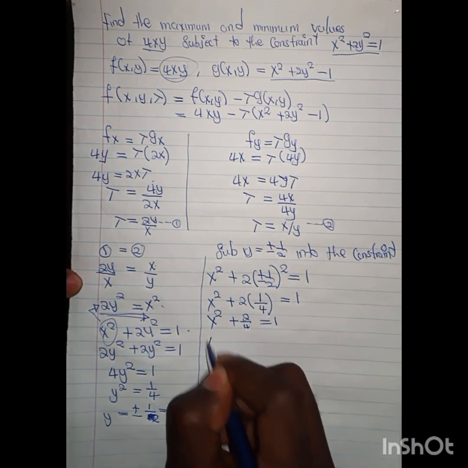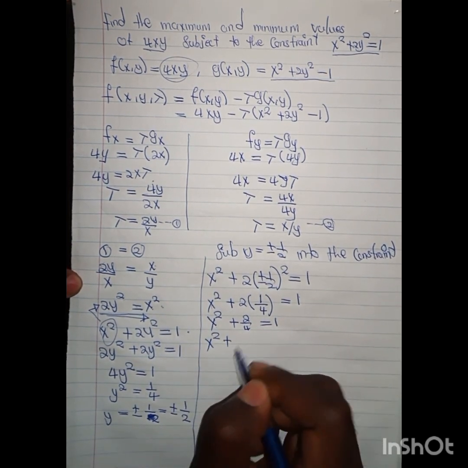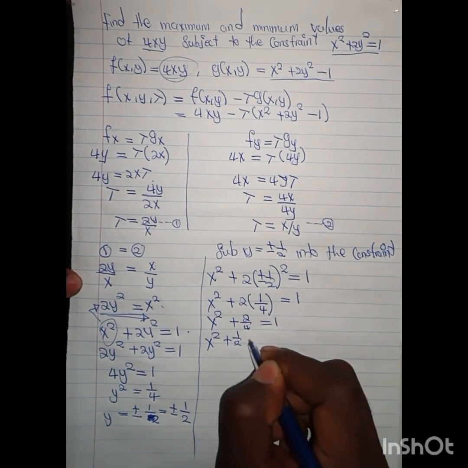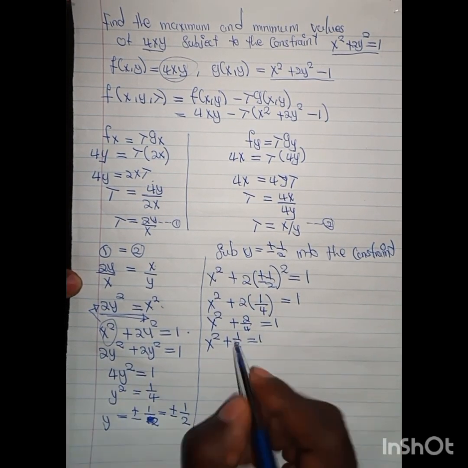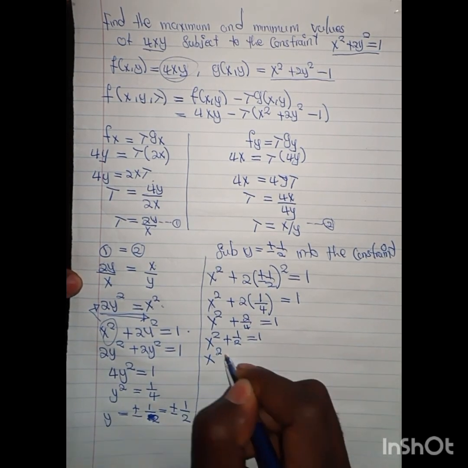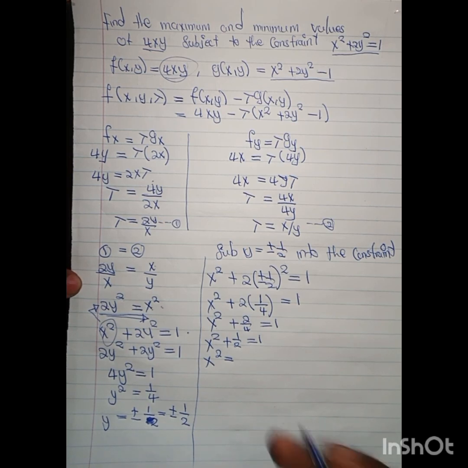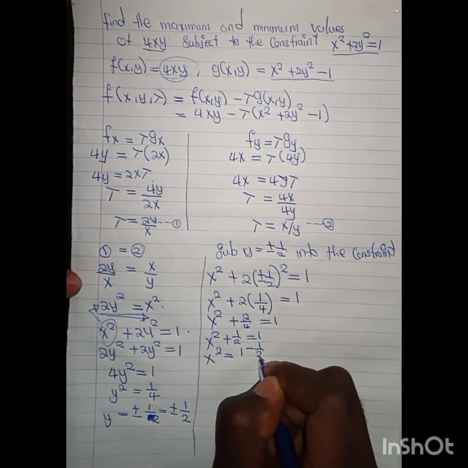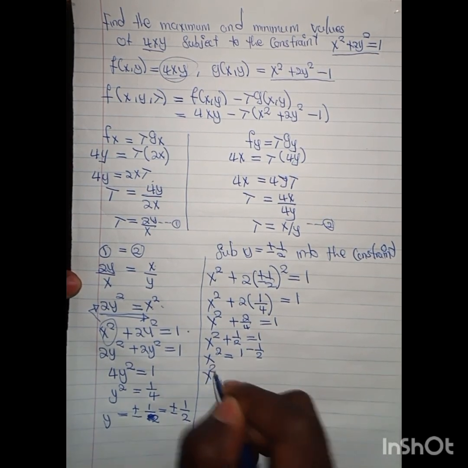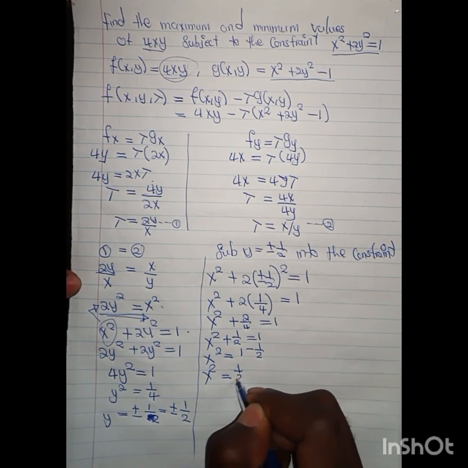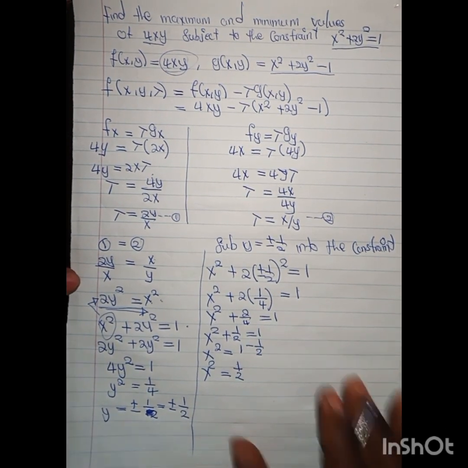Then x squared plus 2 over 4 is 1 over 2, equals 1. Then we want to find the value of x. Then we can take 1 over 2 from the left to the right. Then we have 1 minus 1 over 2. 1 minus 1 over 2 is nothing but positive 1 over 2.